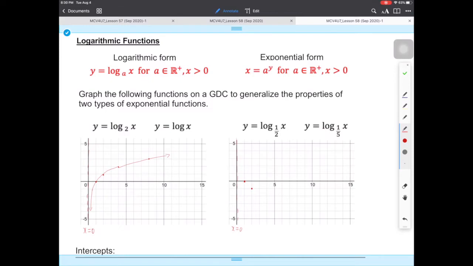When it's 4, negative 2. When it's 8, negative 3. So let's sketch this. I hope this shows clearly the function log x base 1/2, and this is y equals log x base 2.